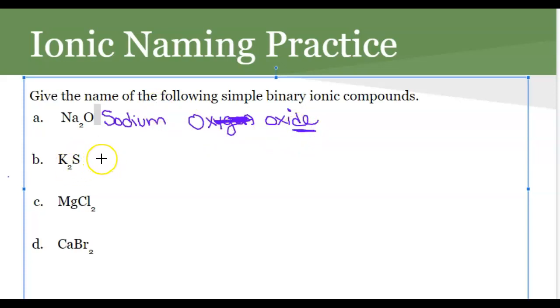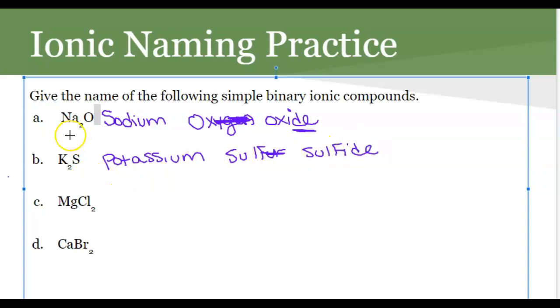You're ending up changing out for that IDE ending. So then K2S would be potassium. And then instead of having sulfur, I cut off the FUR and I do sulfide. So it ends up being potassium sulfide. And notice it doesn't really matter what the subscript is.